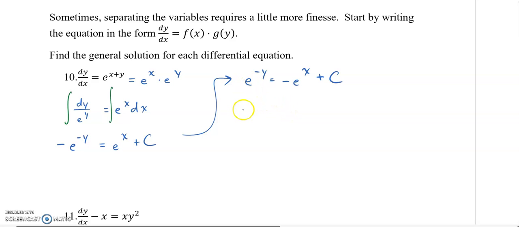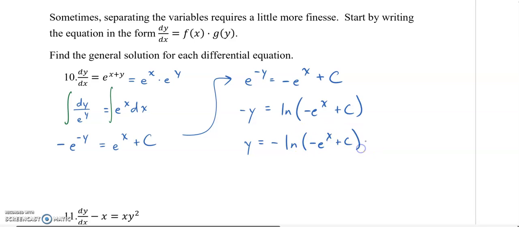Then we're going to get rid of the e by using the natural log. We'll take the natural log of both sides, so the natural log of negative e to the x plus c. Notice, by the way, that the plus c is inside the parentheses. And then finally, divide by negative 1, and we'll get negative the natural log of negative e to the x plus c.